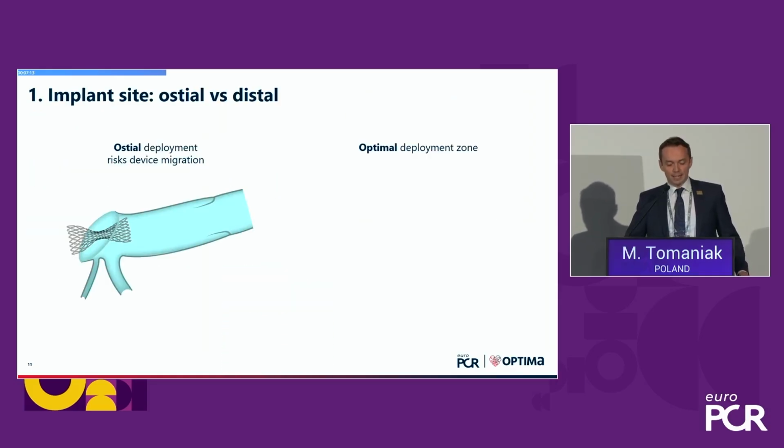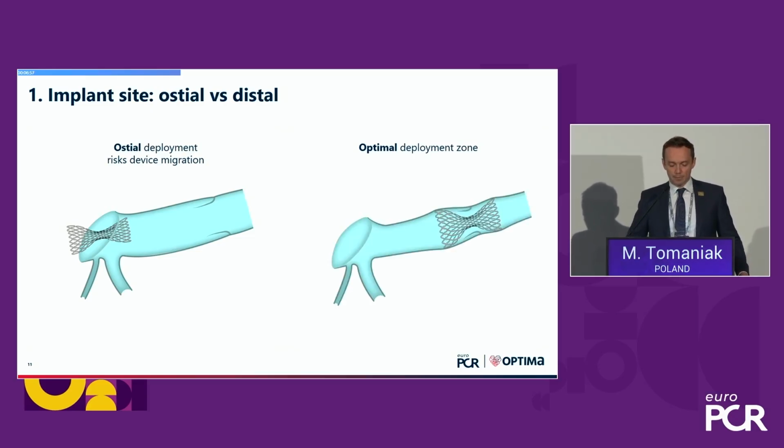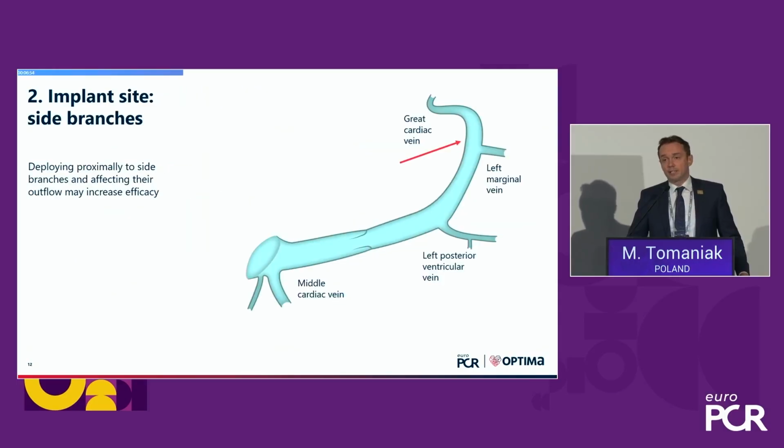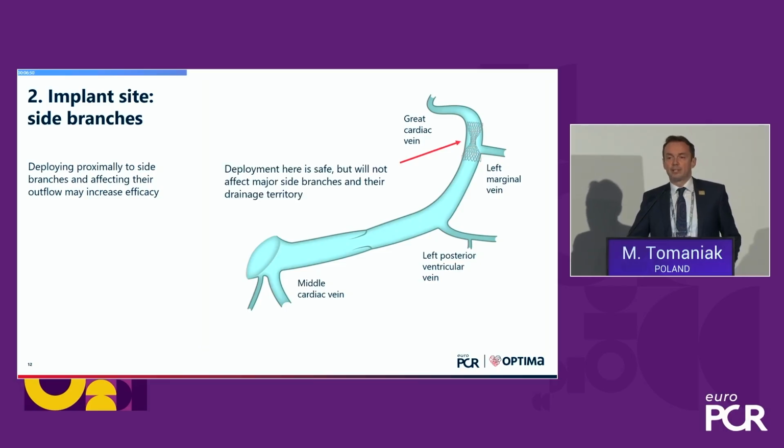So while implanting, we have to weigh the trade-off between safety and efficacy, because the more ostial we go, the more myocardial territory we treat. On the other hand, the more ostial we are, there is potentially somewhat higher risk of device migration. If we go too far away, too distally, then we manage fewer side branches and less myocardial territory, so this could be potentially less effective.